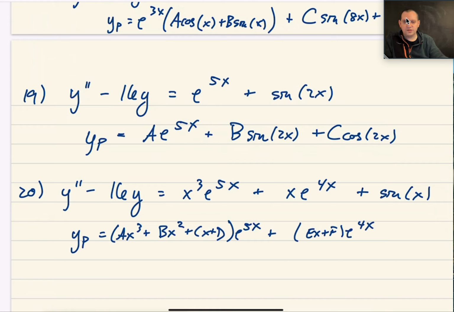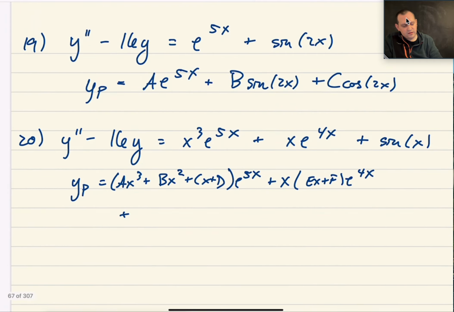But 4 was a root to the characteristic equation, and it was a root of multiplicity 1, so we put an x to the 1 in front. And then to deal with the sine and cosine terms, we would have, what letter were we at here? g sine of x plus h cosine of x. And that's how that one would work out.